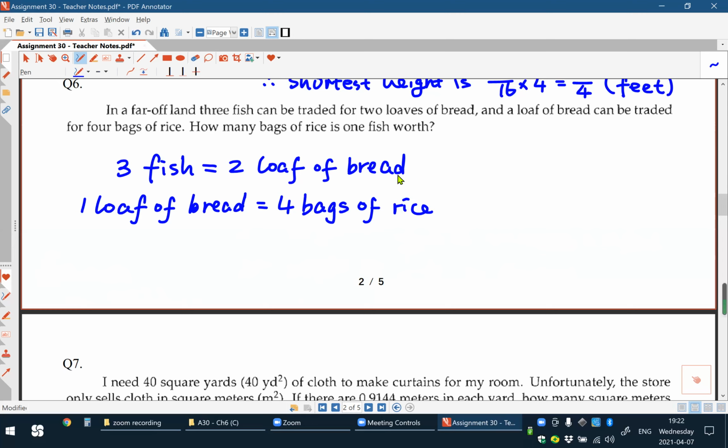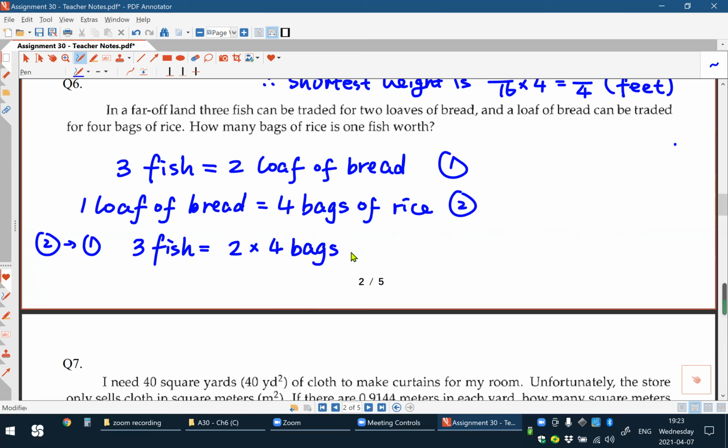Okay, so what does it mean here? That means if we put the second relationship into the first one, we will have 3 fish equals 2 times 4 bags of rice.